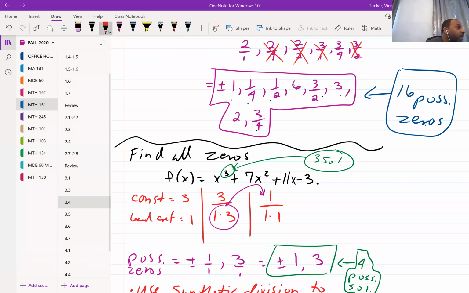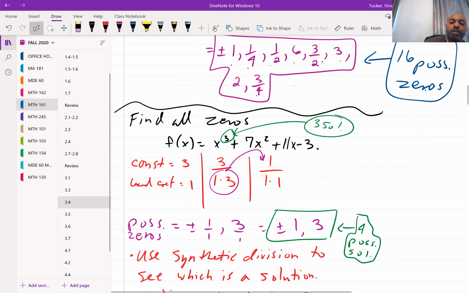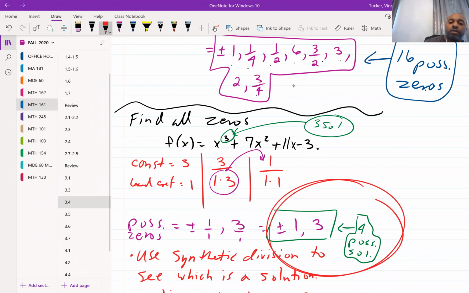So we have our factors of 3, which is 1 times 3, factors of 1, 1 times 1. And we put the 1 and the 3 over the 1. So we have 1 over 1 and then 3 over 1. And so I'll stop right here, make sure we're good. So we only have 4 possible solutions.